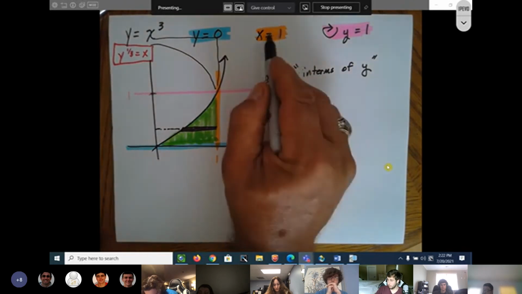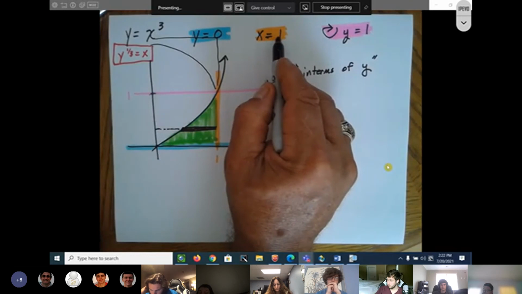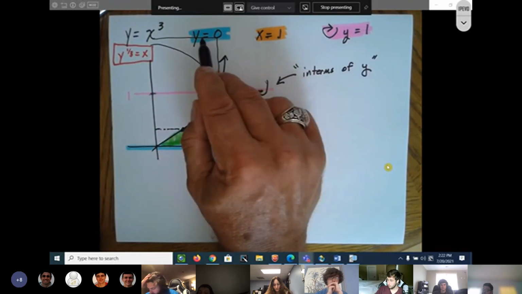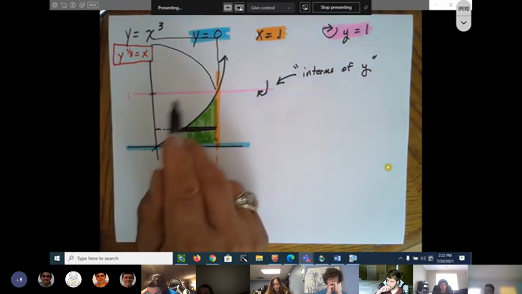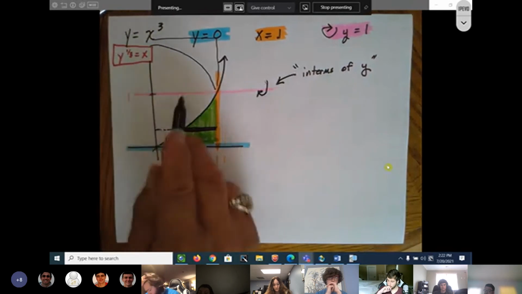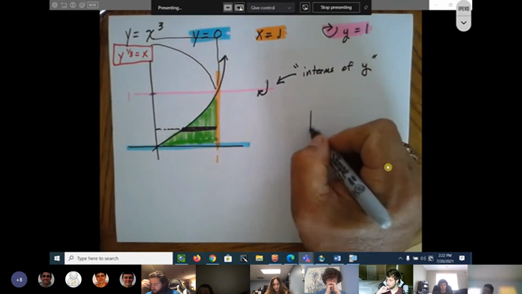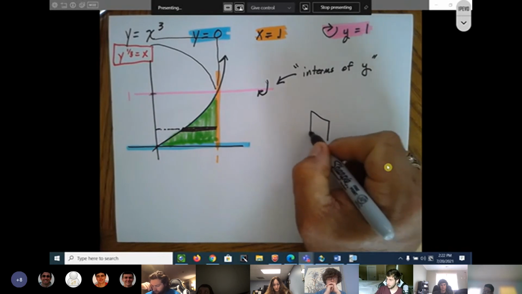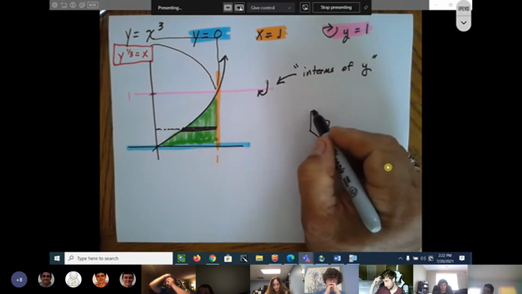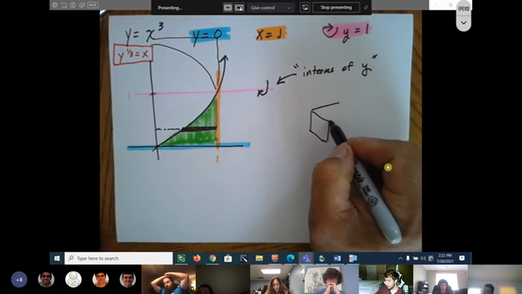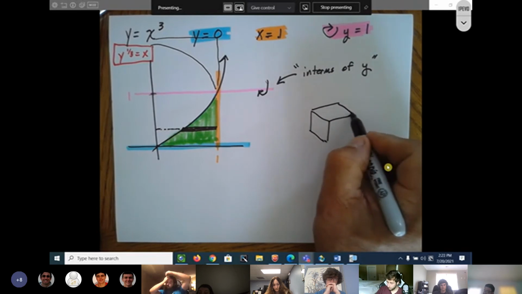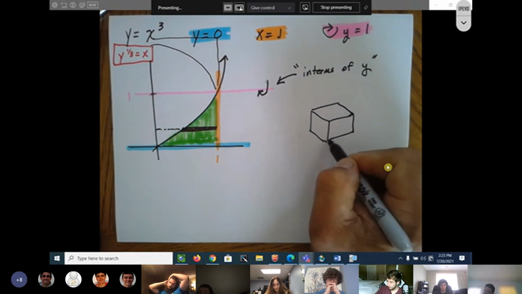But it says x greater than or equal to 1, y is equal to 0, so it can go around. So it's going to look like a cube, and that cube is going to have a hollowed out center.